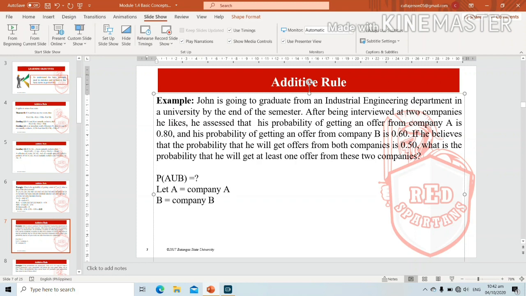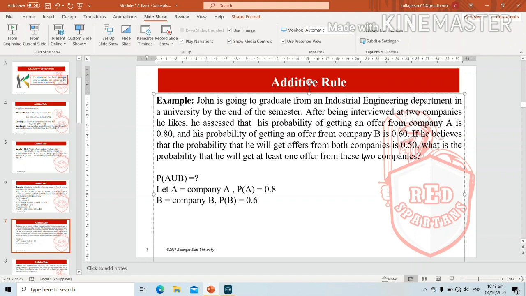So sabi dyan, ang probability natin for company A, for getting an offer from company A is 0.8, and ang probability naman getting an offer for company B is 0.6.